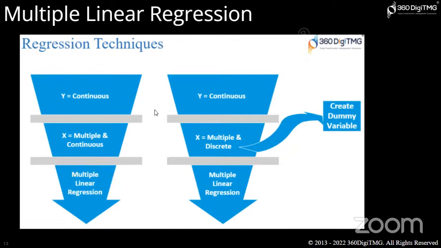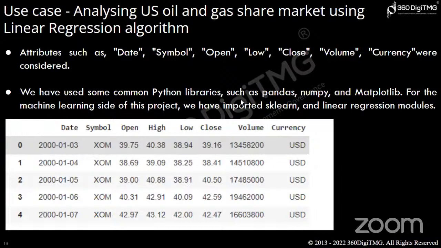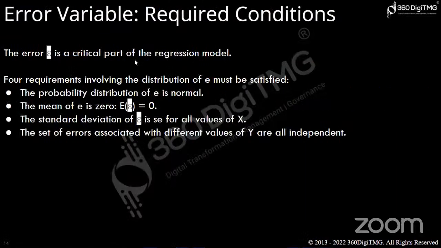So how do we find the error? The error is also very important. The error variable, with the required conditions, is a critical part of the regression model. There are four requirements involving the distribution of E, that is, the error. The probability distribution of error should be normal.